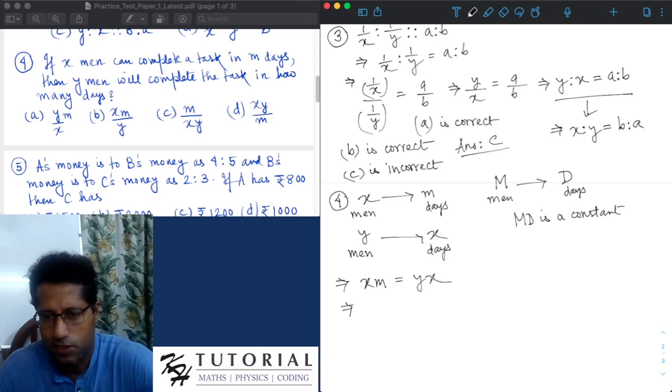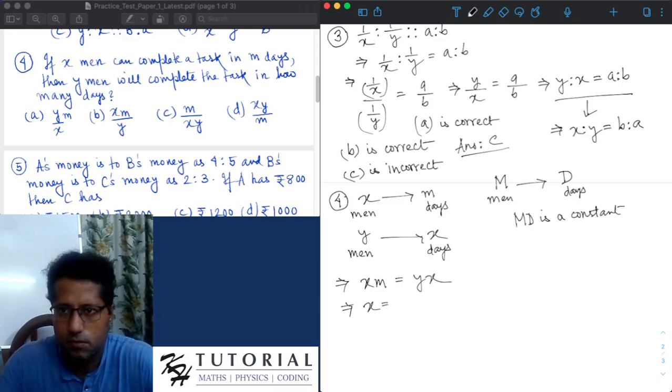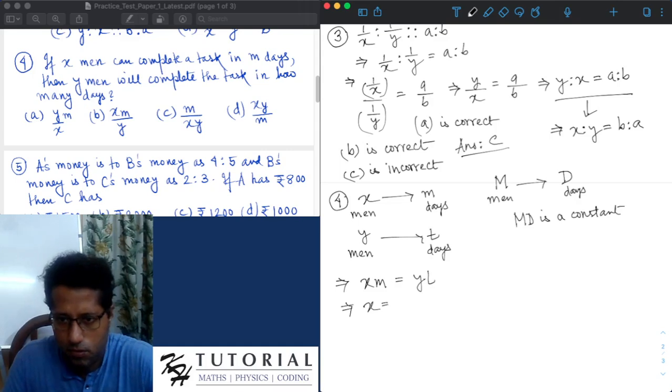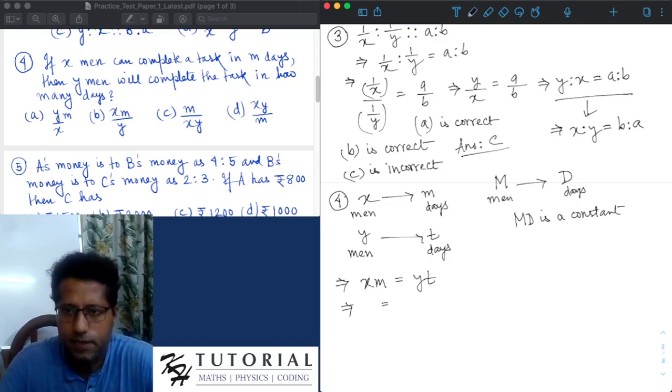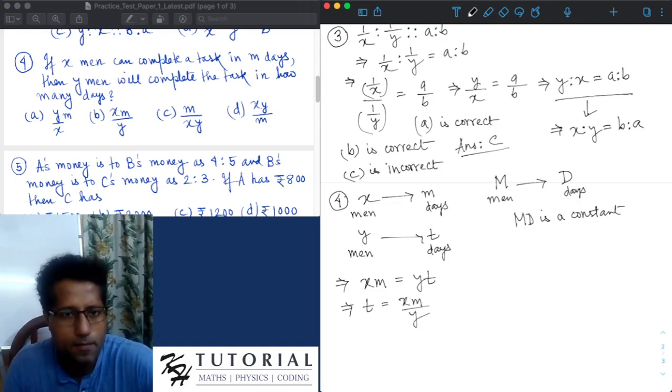If you change the number of men to Y, and Y men complete that task in t days, then yt will be equal to xm. t is the unknown, so from this equation we know that t will be xm divided by y. So the correct choice is B.